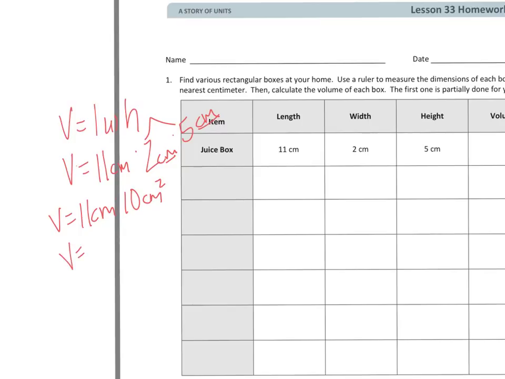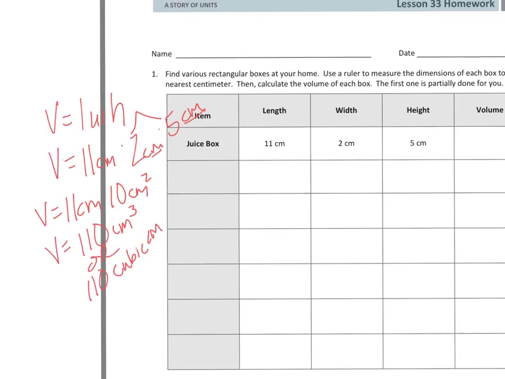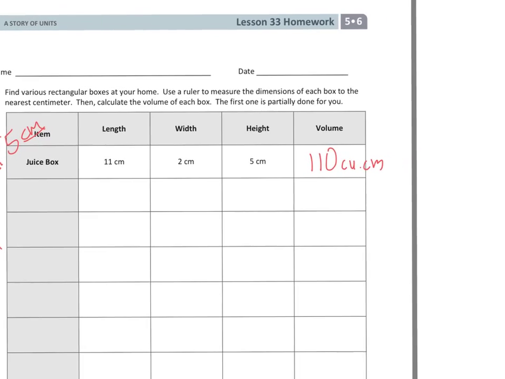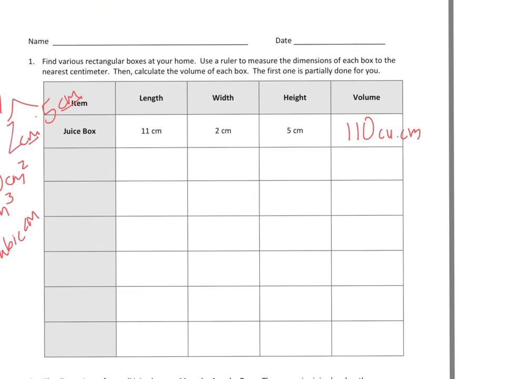And I know 11 times 10 is 110, and now I have centimeters cubed, or cubic centimeters. I'm going to write that because either way is good. So I'll slide over and put 110 cubic centimeters.